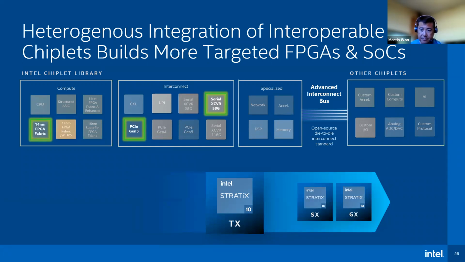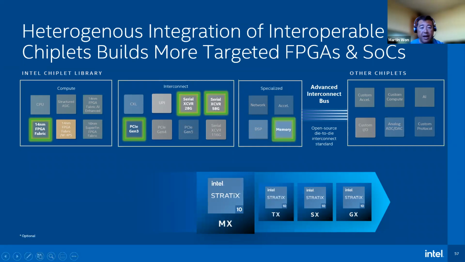Next slide. In the case of our Stratix 10 TX devices, these are FPGAs intended for higher transceiver data rates and higher bandwidths. We continue to use a 14 nanometer core fabric, but now combine that chiplet with another providing 58 gigabit per second transceivers that you see in the middle there. Next slide.